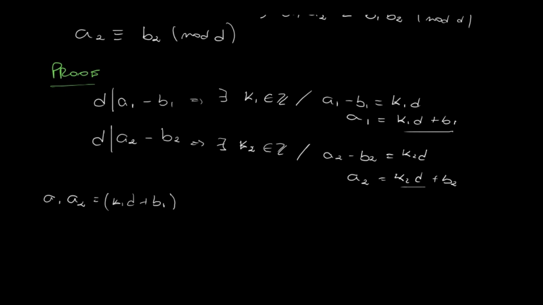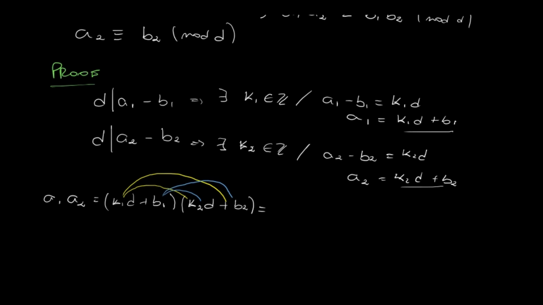A2 is k2D plus B2. Now let's use the distributive property. This one would be distributed like this, and then this one would be distributed like this.